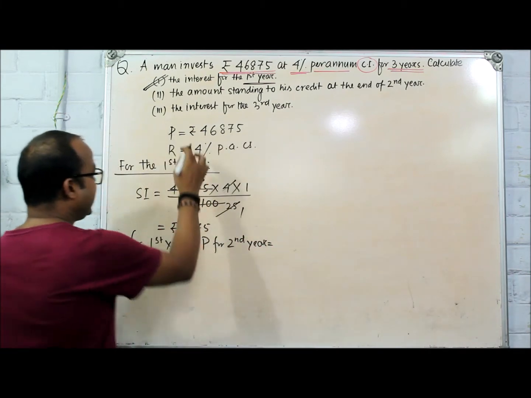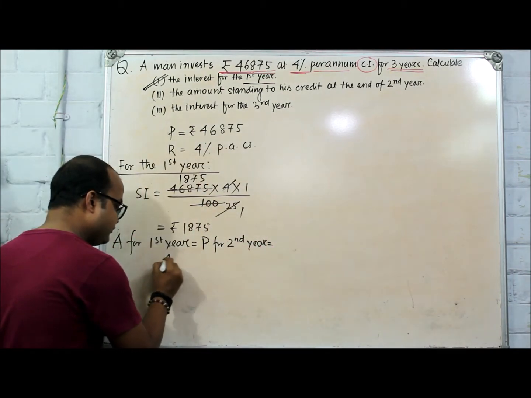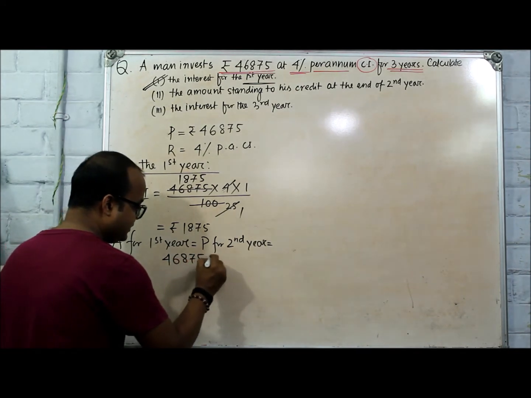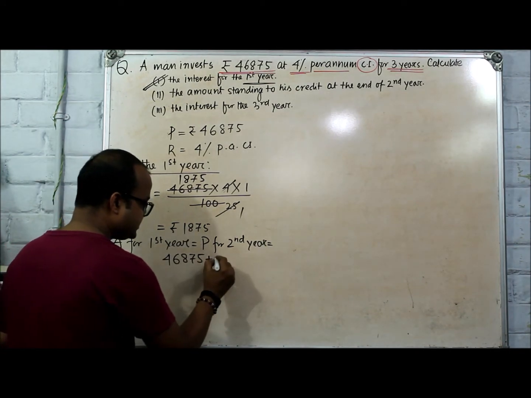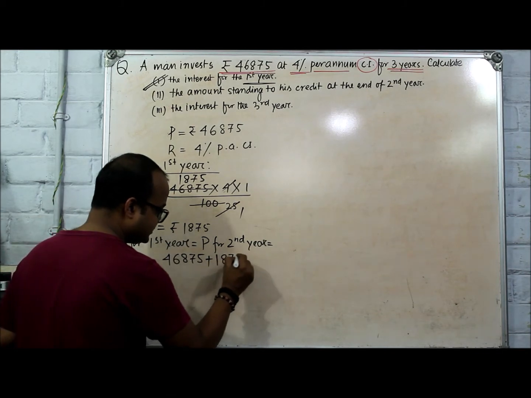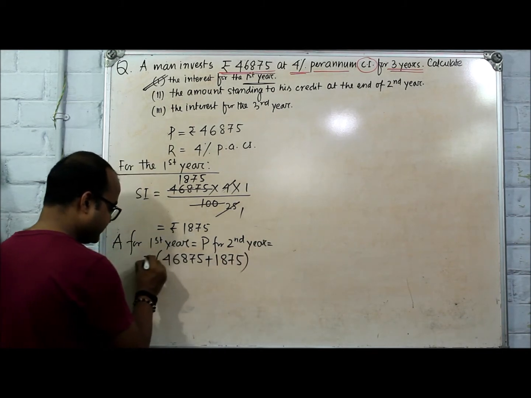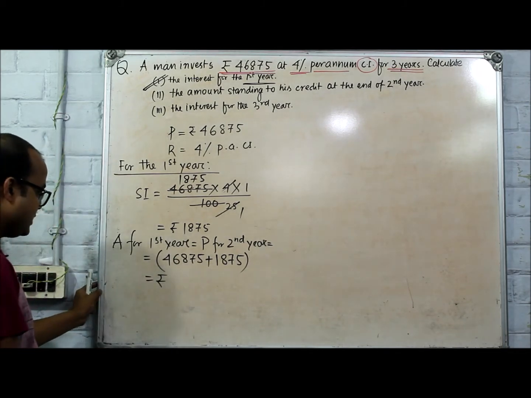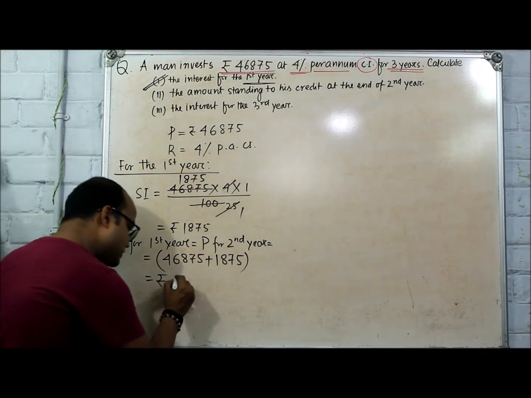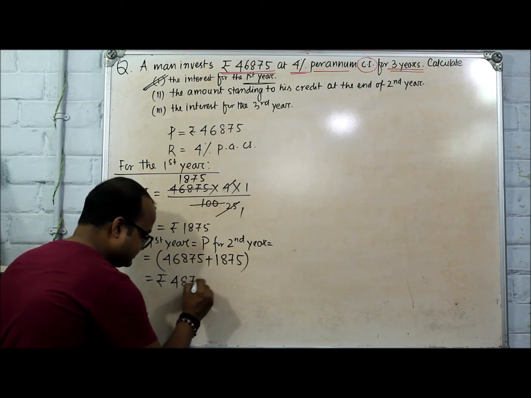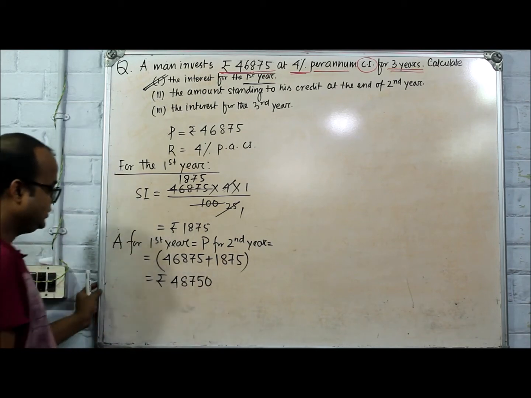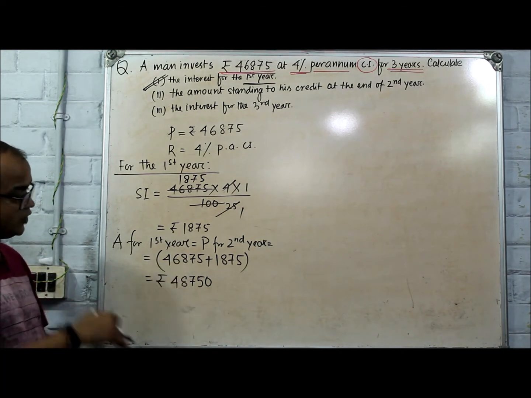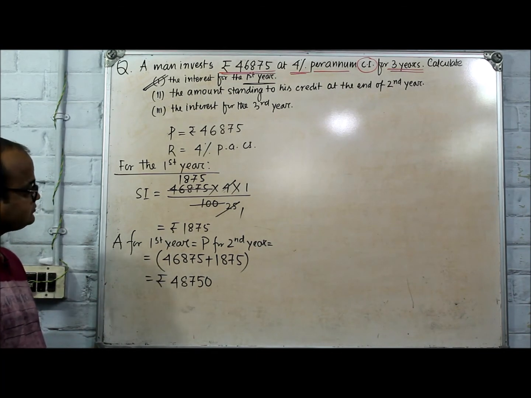So we need to add with the P, that is 46,875 plus interest earned during the first year, 1875. So this will be equal to 48,750. 48,750 is the principal for the second year.